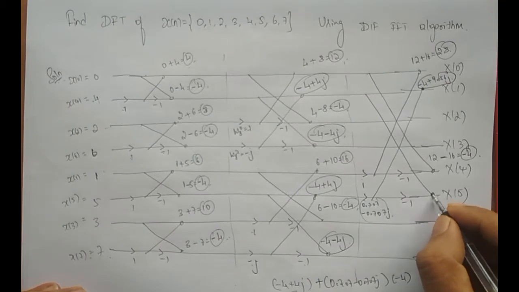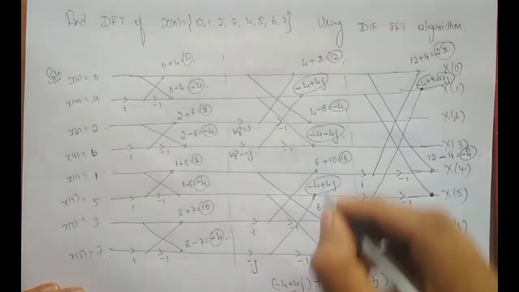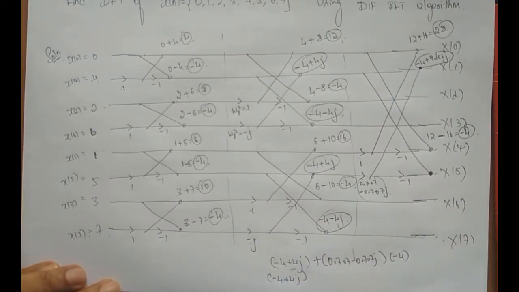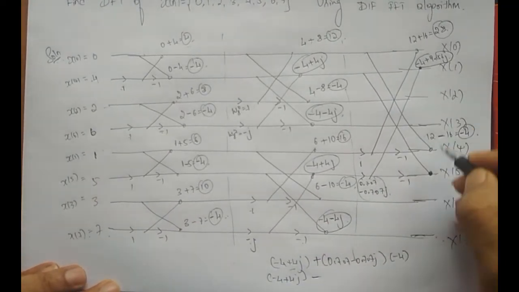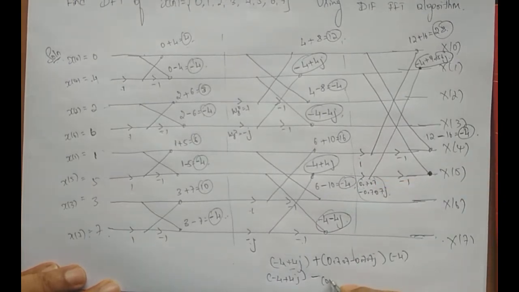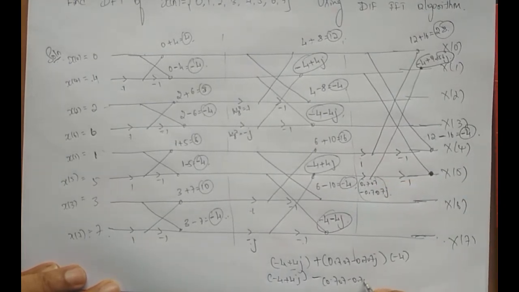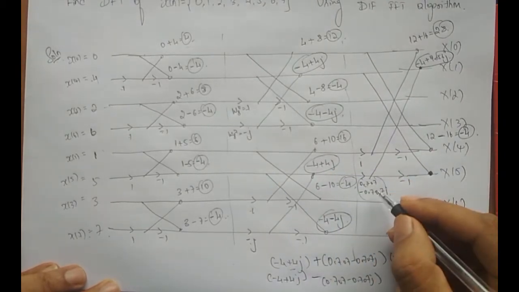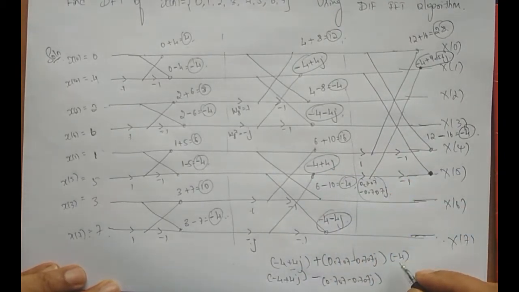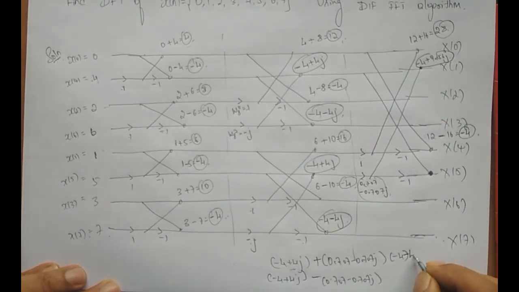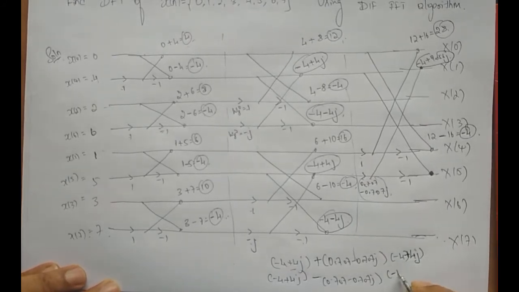Okay, and at this point, I have minus 4 plus 4j coming here, and this is subtracted with 0.707 minus 0.707j scaled by minus 4 plus 4j, right?